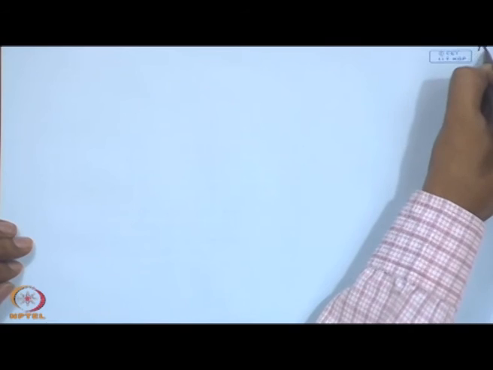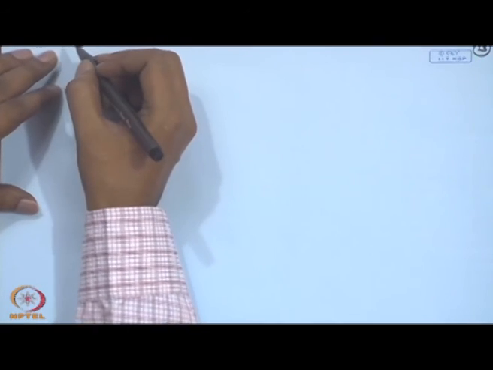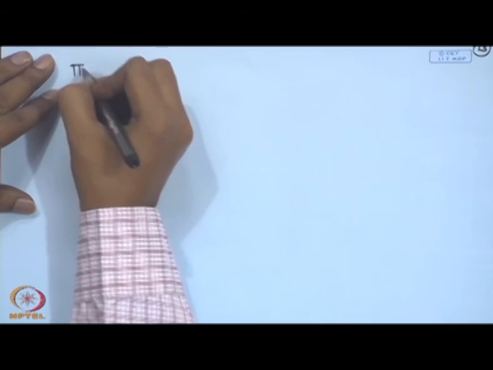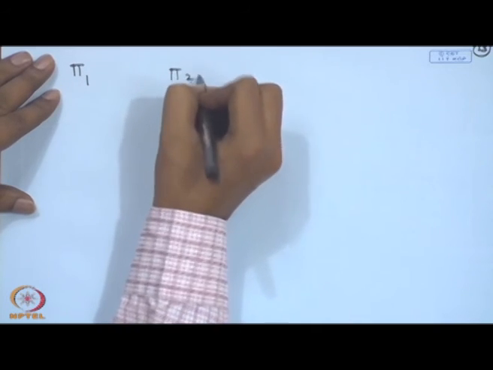I mentioned the kinds of errors. Suppose in the beginning we consider only two populations, say pi 1 and pi 2.